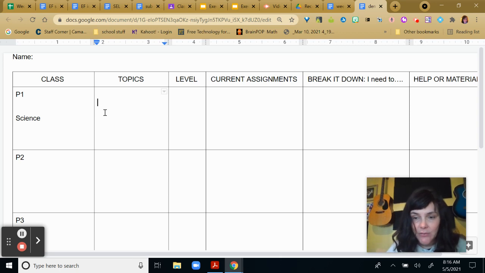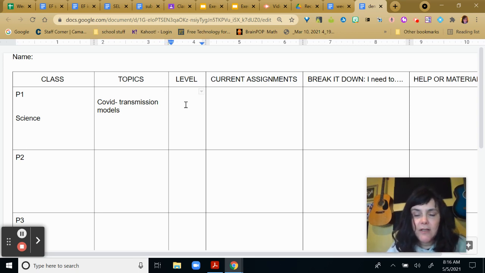So in science class, we're basically studying COVID. And if I want to be a tiny bit more specific, I can say transmission models, like how it's passed.